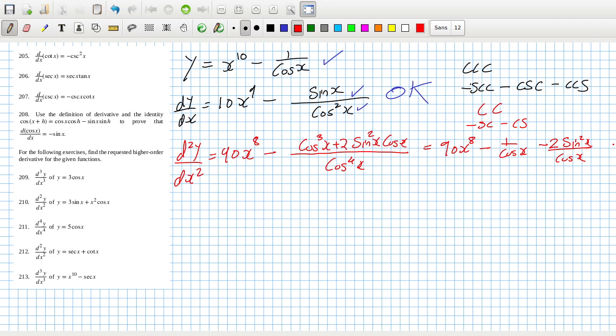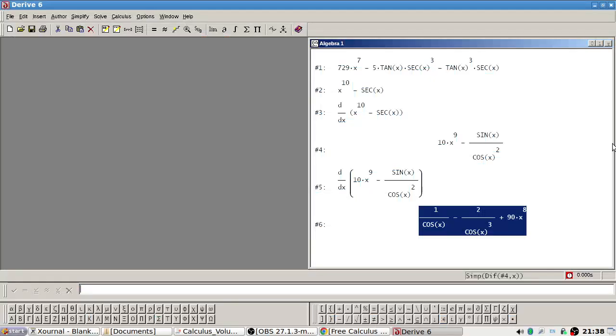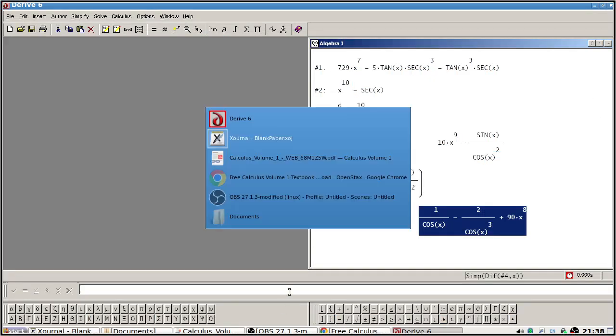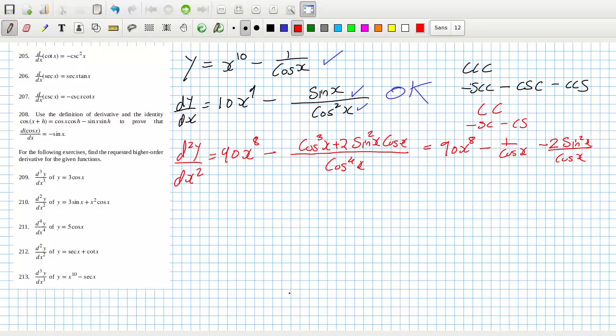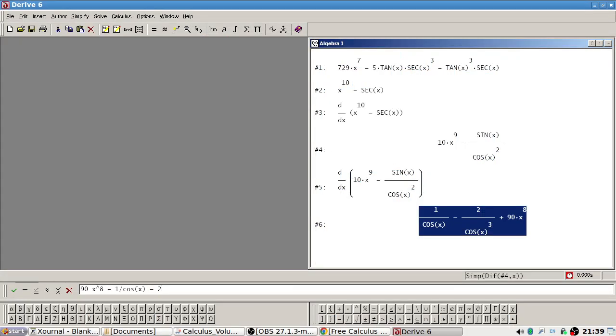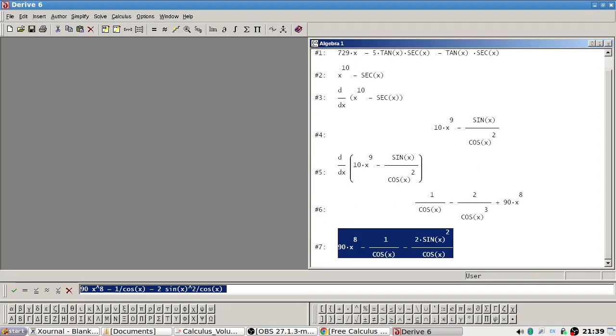So that's a little bit different to what we have here, but let's see if it's the same thing. 90x power 8 minus 1 over cos x minus 2 sine x squared over cos x. I'm not so sure about the square.